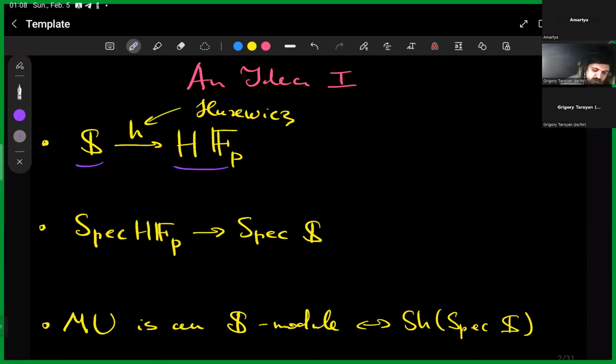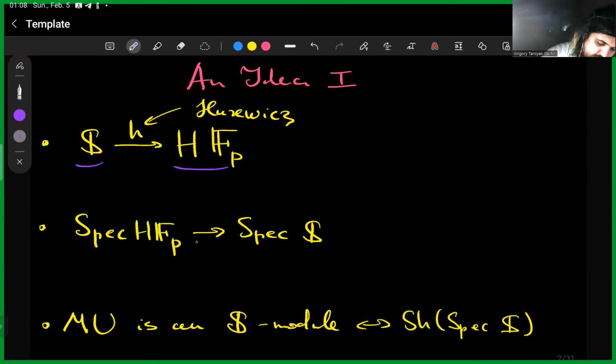So we can pull this sheaf back along this map dual to the ring homomorphism, and we will obtain a sheaf on the spectrum of the Eilenberg-MacLane spectrum. I feel kind of weird repeating the word spectrum all the time, but well, let's call it the spectrum of the Eilenberg-MacLane thing.